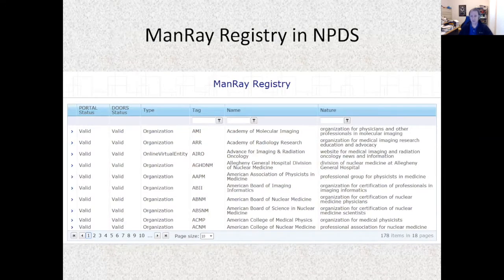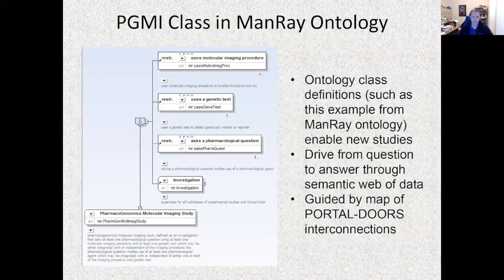We have attempted to build our approach to analysis of all this data with what has evolved into NPDS. This is an example registry where you're seeing mostly a list of organizations, but the data records can involve any kind of entity. We also relate it to semantic analyses with ontologies.